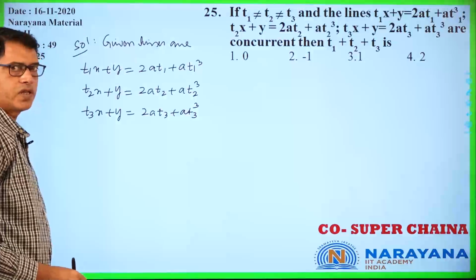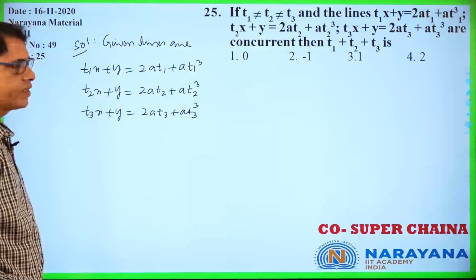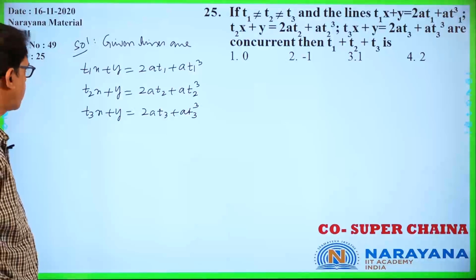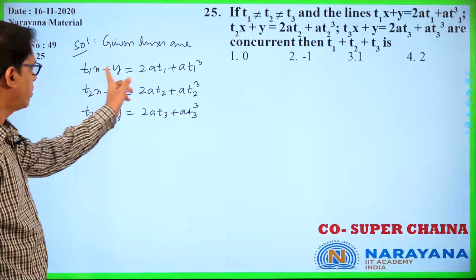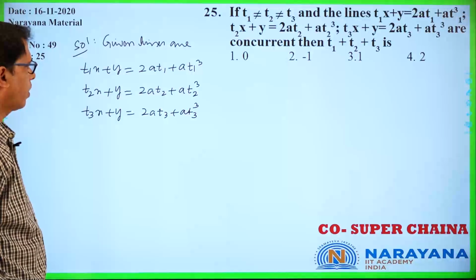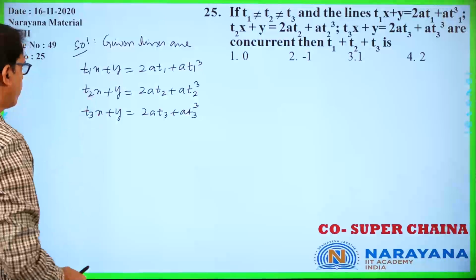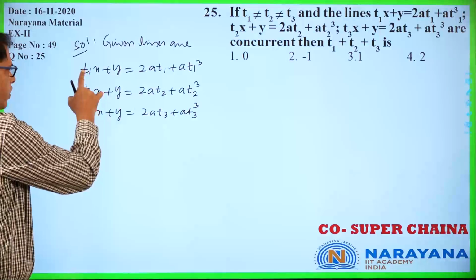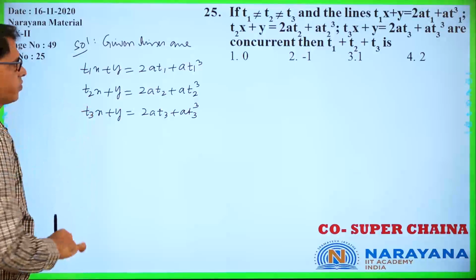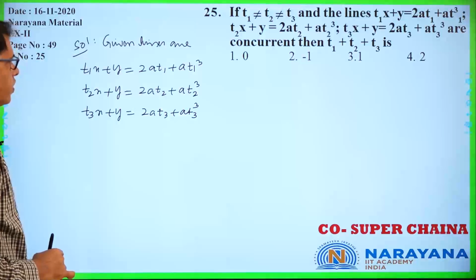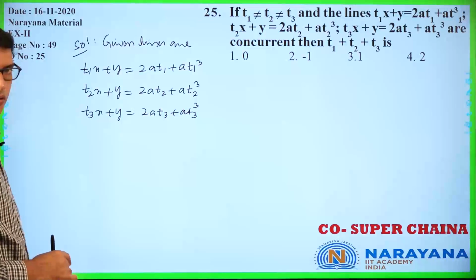So if you observe the lines, it is clear that these three lines, see here, what is a variable line? So here t1, t2, t3 are the roots of the equation.